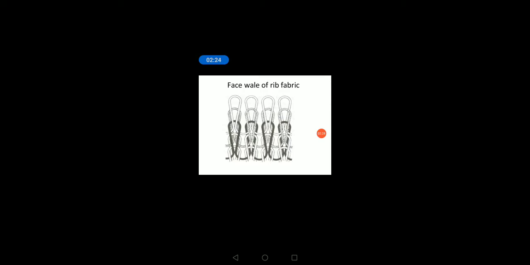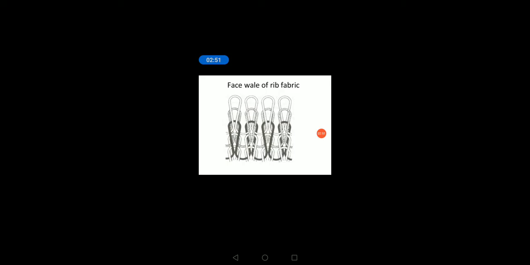The legs are showing face means one up, one down, one face and one back, one face and one back. The next back is the first face only, the legs are showing face, and in the second line the legs are in back side, after that the front side of the legs, and after that back. In that way the face wale of rib structures is made.